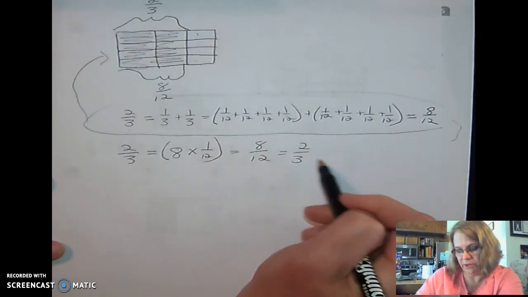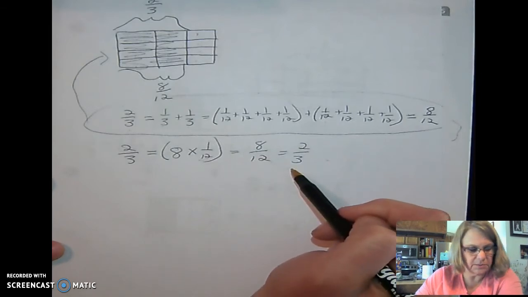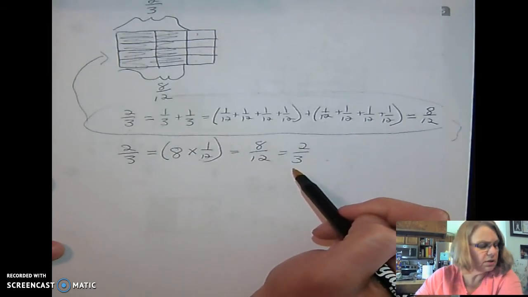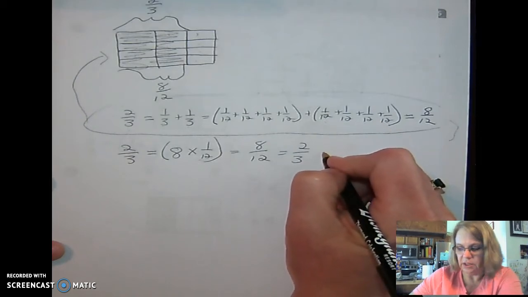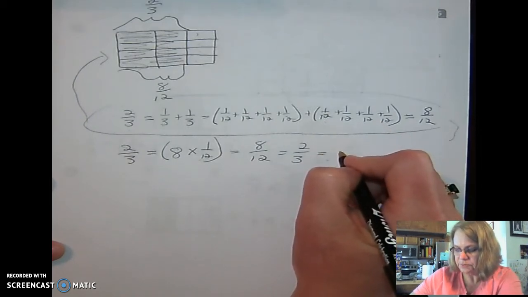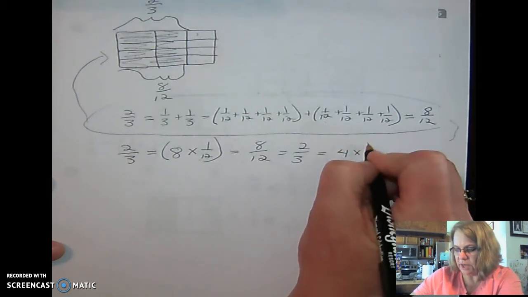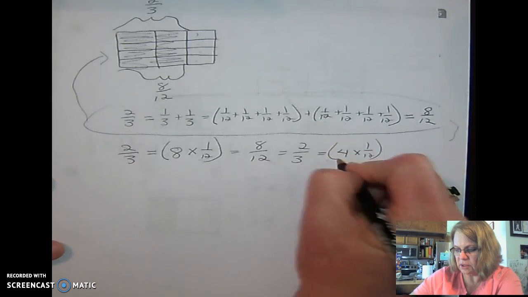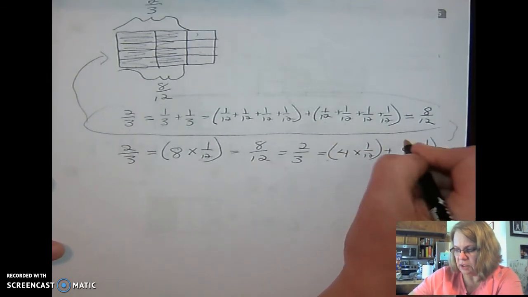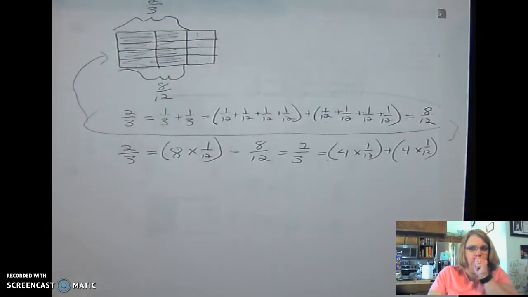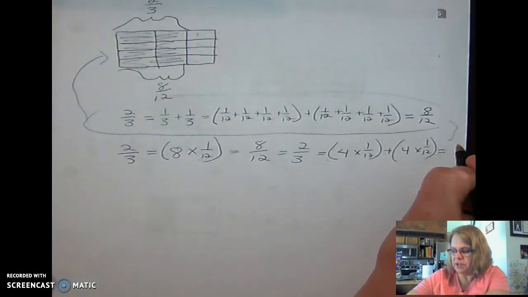We'll just keep going. The equal sign means that every one of them is equal. We can also say 2/3 is equal to 4 times 1/12 plus 4 times 1/12, which equals 8/12.